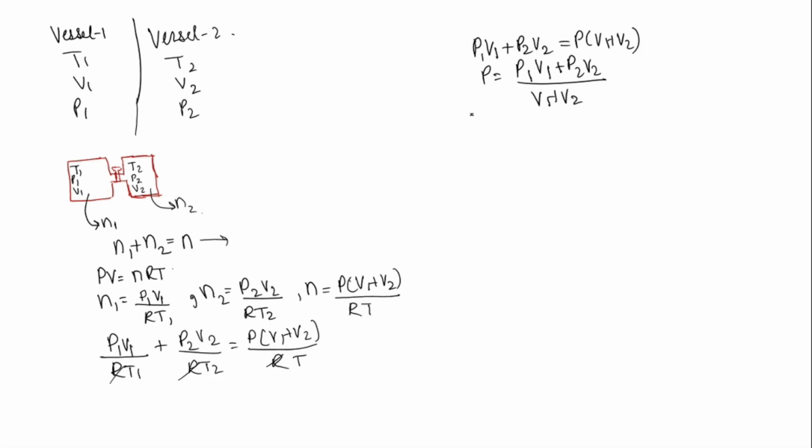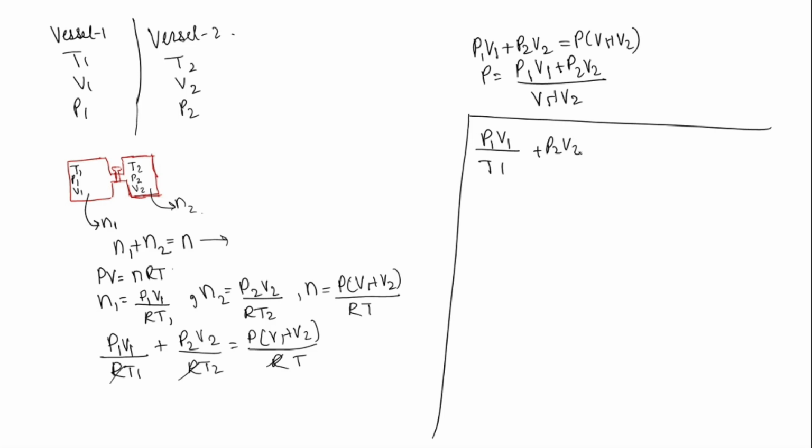By replacing the value of pressure, we get P1 V1 by T1 plus P2 V2 by T2 is equal to, from this we get pressure, so we know pressure over here. Pressure is (P1 V1 plus P2 V2) by (V1 plus V2) into (V1 plus V2) divided by T. We need to find this T, the temperature at which the system is in equilibrium.